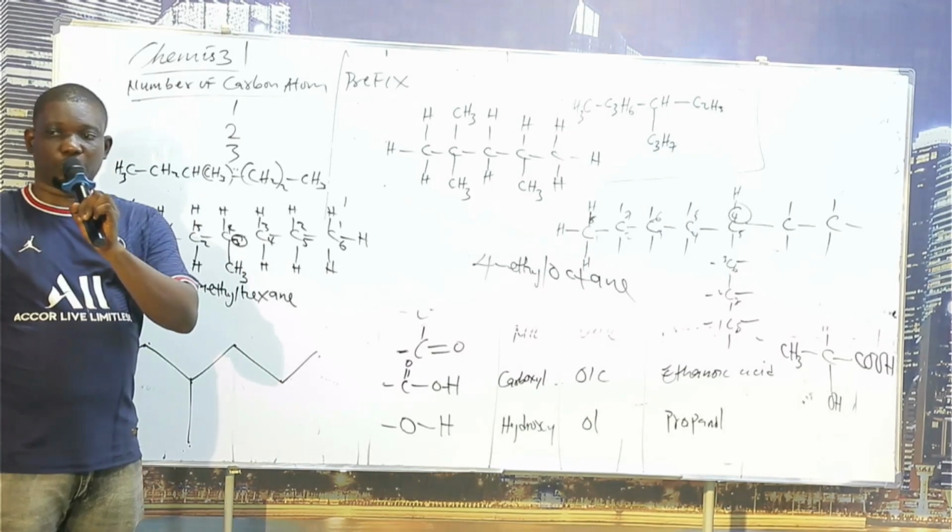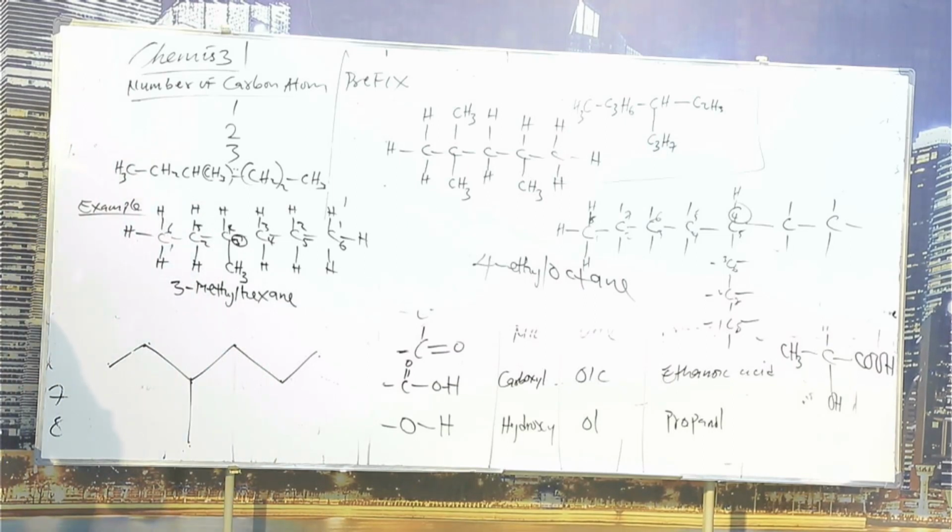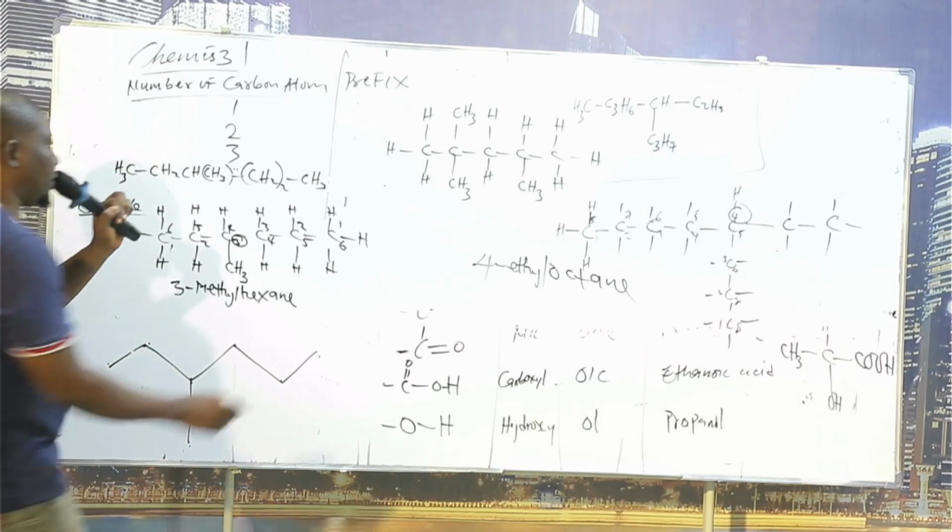Why are we not going for 2,4,4? Because you watch out: 2,4,4 versus 2,2,4. Which number is lower? So the correct answer is what?